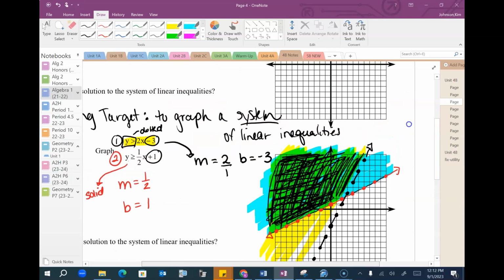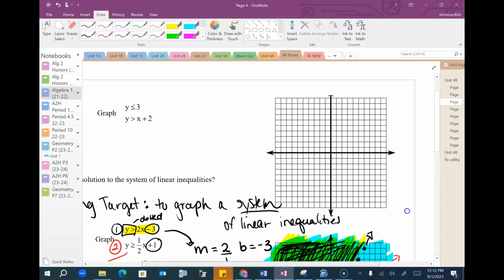Okay, I'm going to do one more example up above because sometimes students get tricked on how to graph this line. So I'm going to graph this system where y is less than or equal to 3 and y is greater than x plus 2. In this system, I'm going to start with the line y is less than or equal to 3. This is just the horizontal line. Remember, y equals is a horizontal line, and x equals is a vertical line.